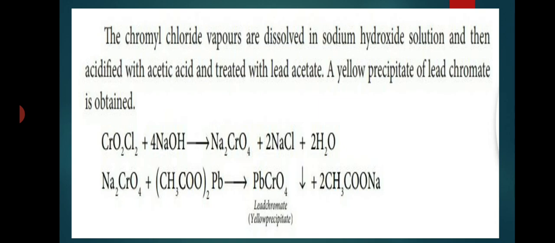So this reaction we can easily do in our laboratory. CrO2Cl2 plus 4NaOH gives Na2CrO4 plus 2NaCl plus 2H2O. Then Na2CrO4 plus lead acetate, (CH3COO)2Pb, gives PbCrO4 plus 2CH3COONa. So PbCrO4 is the yellow lead chromate precipitate.